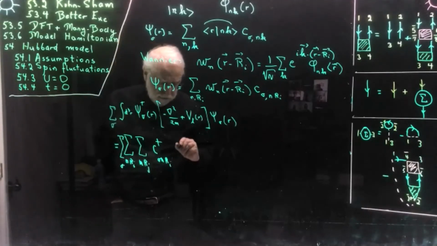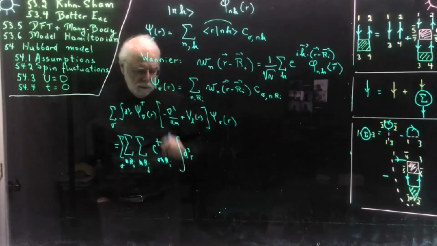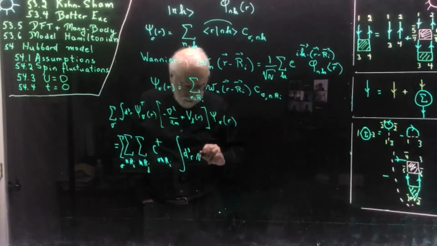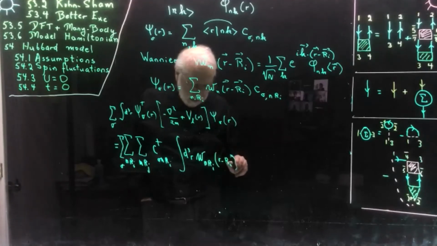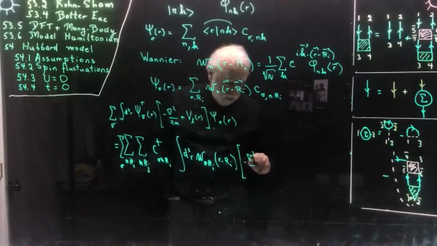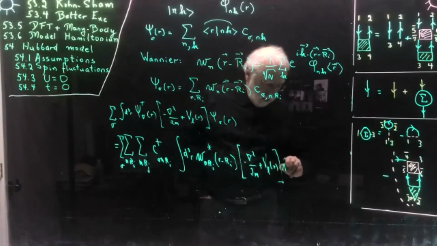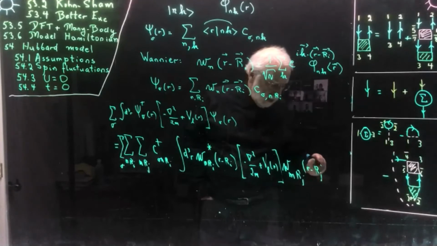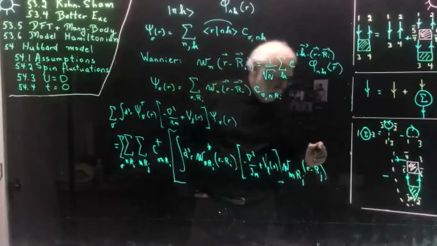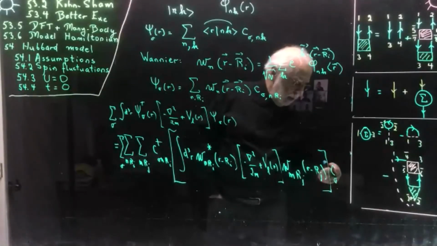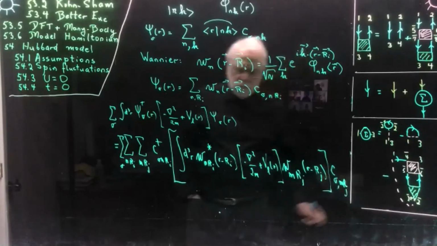And here I have the integral d cubed r, because it's the same r everywhere, of the Wannier function n of R_i, (r minus R_i), times minus grad squared over 2m plus V lattice of r, the complex conjugate of w_n, times w_m R_j of (r minus R_j), times c sigma m R_j.